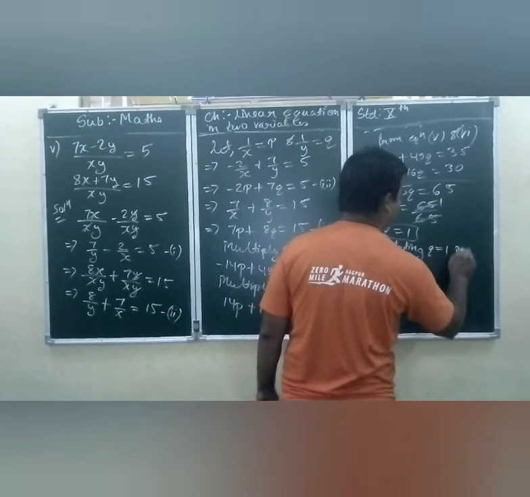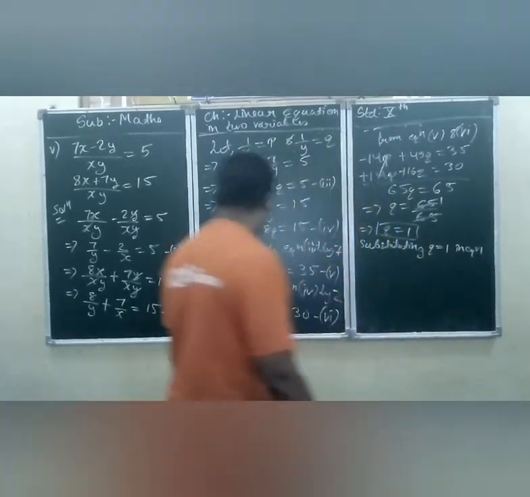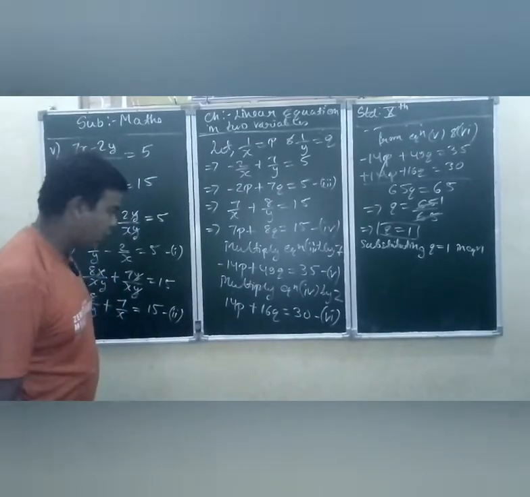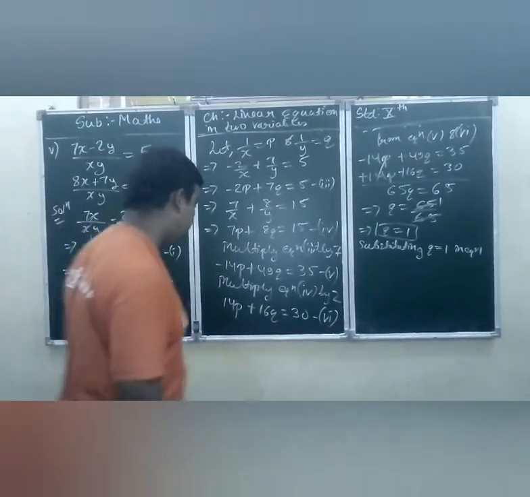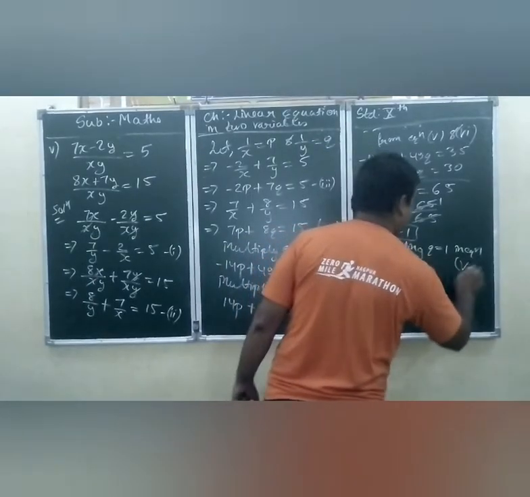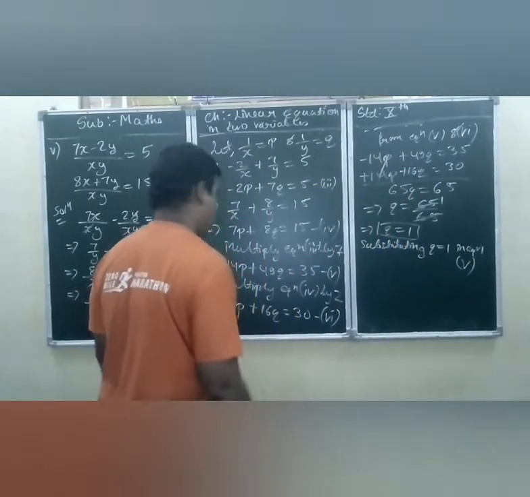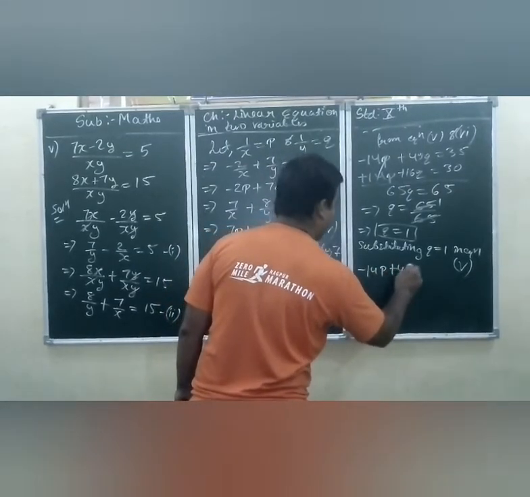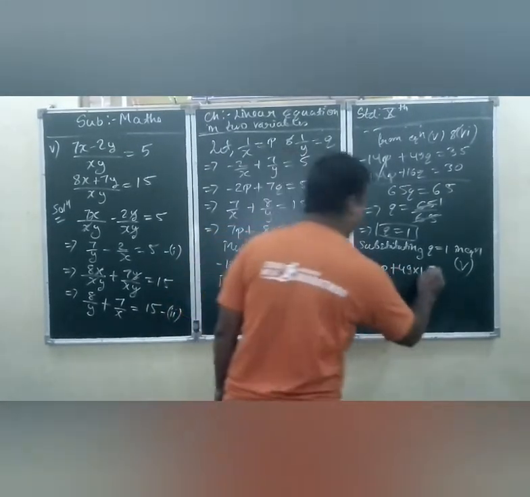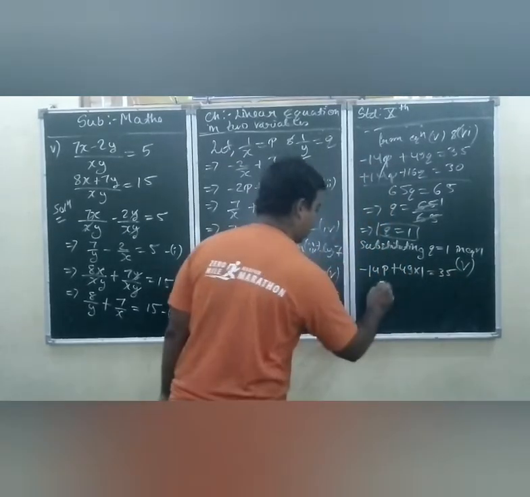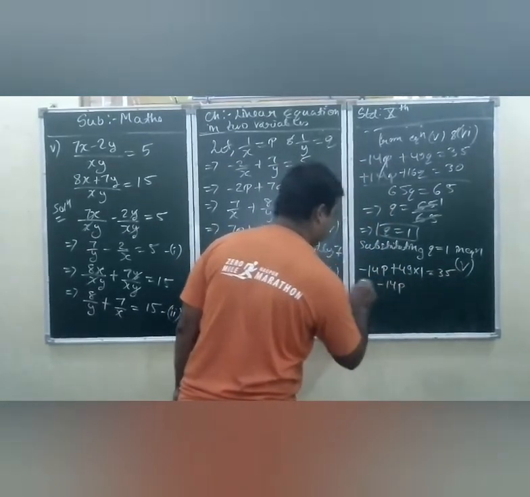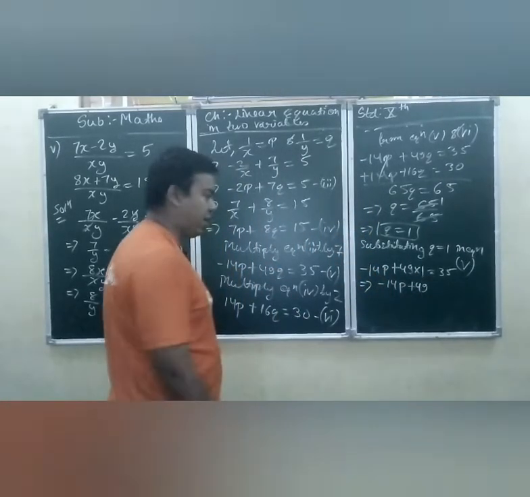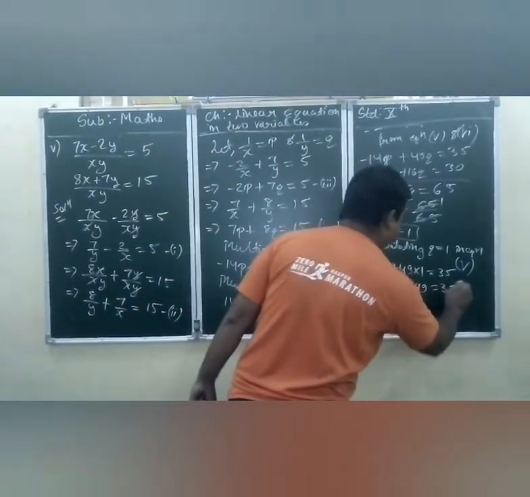You can put it in any equation. There are so many equations here, so put it in equation 5: minus 14p plus 49 into 1 is equal to 35. So minus 14p plus 49 is equal to 35.